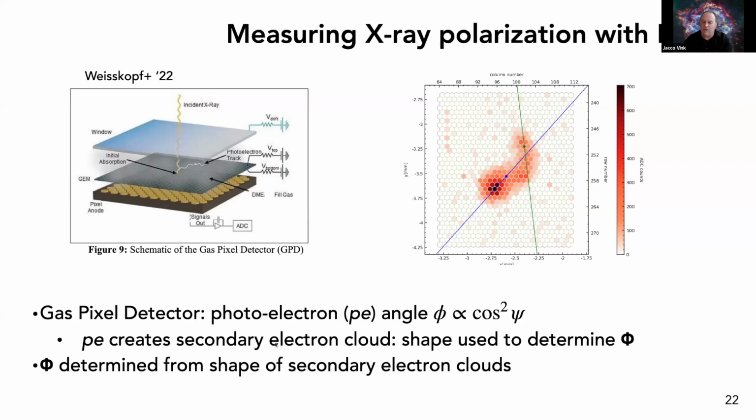It's not perfect, so the angle is distributed as cosine squared. So the angle phi shouldn't be taken as being the polarization vector. It has a tendency to be aligned with the electric field vector.